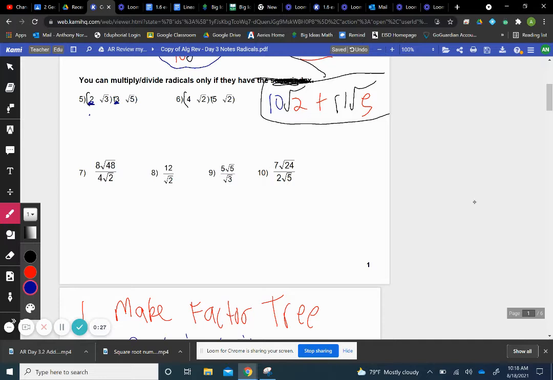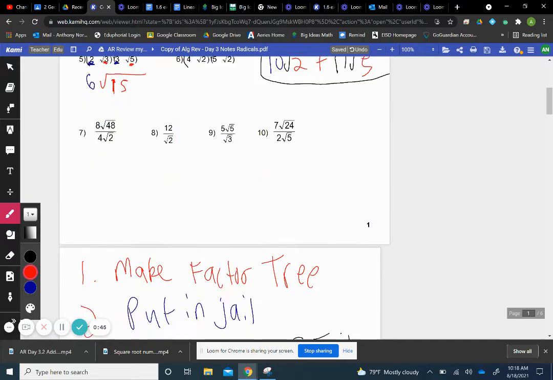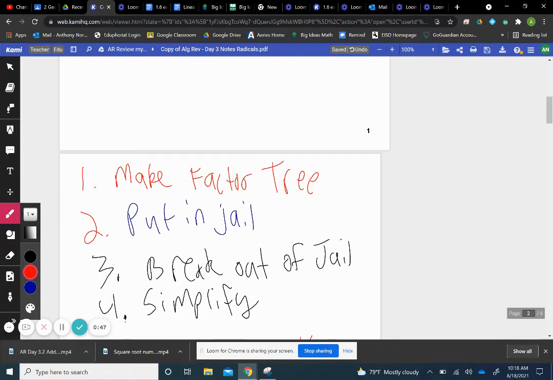What's 2 times 3? That's 6. And the radical by the radical. What is 3 times 5? That's 15. Before we're done, we take whatever is in the radical and go through our steps.